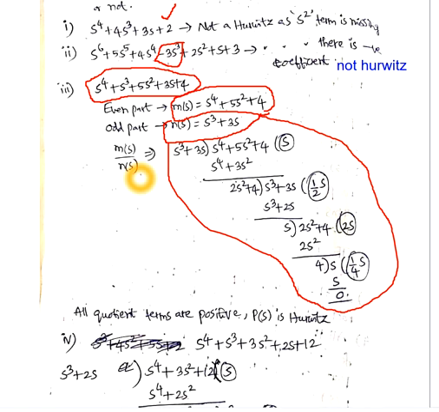Anything is fine. Let me consider even to odd, right? So that means s power 4 plus 5 s square plus 4, we need to divide that by n of s. N of s is s cube plus 3s, that is the odd part. Now how to do this continued fraction expansion? With which term do we need to multiply this to get s power 4 here?